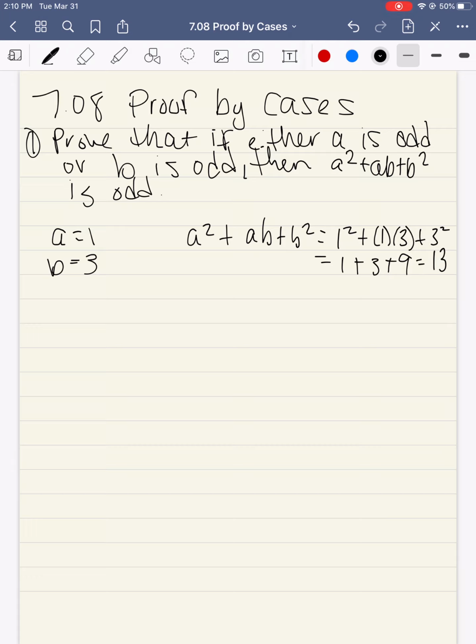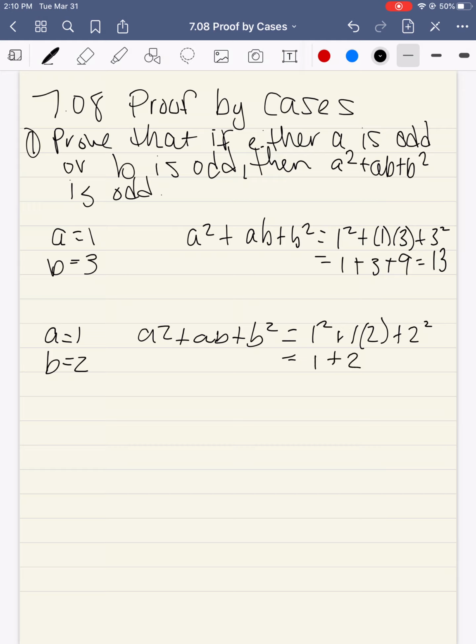Let's try to see, okay, what if A is odd, but B is even? Then we have 1 squared plus 1 times 2 plus 2 squared, 1 plus 2 plus 4. That gives me 7. Okay, so that's also odd.